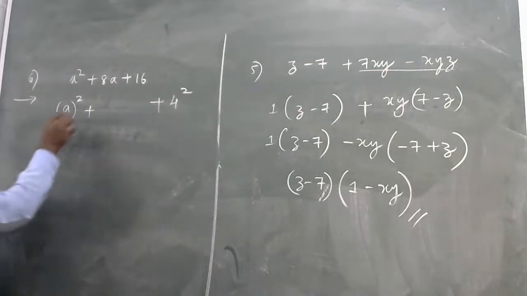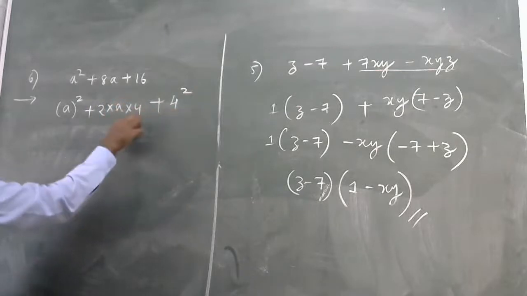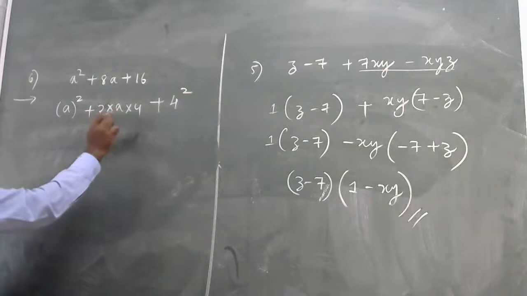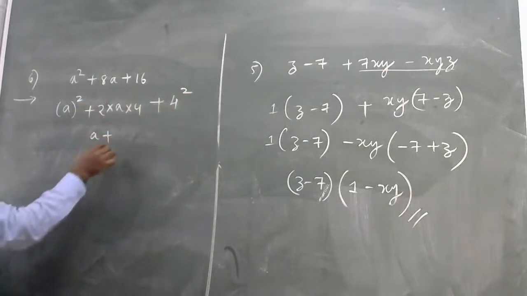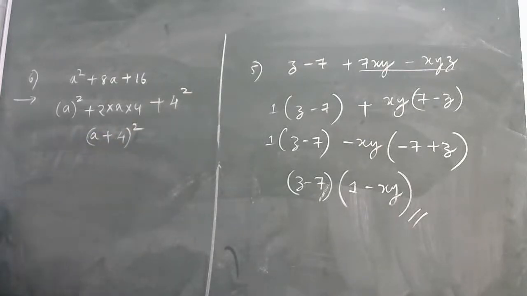So the middle term will be 2ab, that is 2 into a into b, that is 4. Now it is in the form of a square plus 2ab plus b square. So we can write this as a plus 4 whole square, that is a plus b whole square. In this form we can write it.